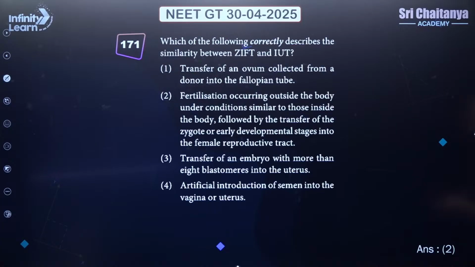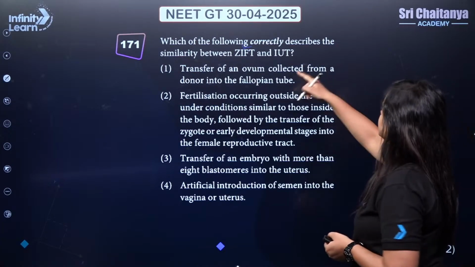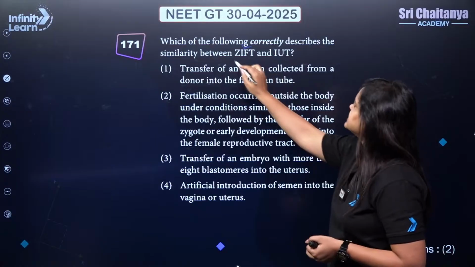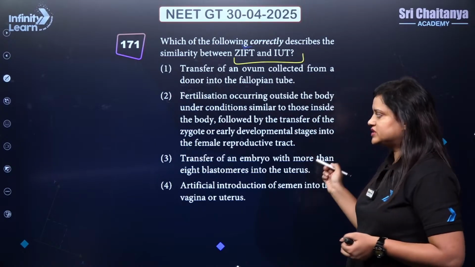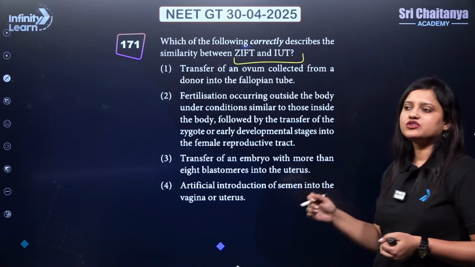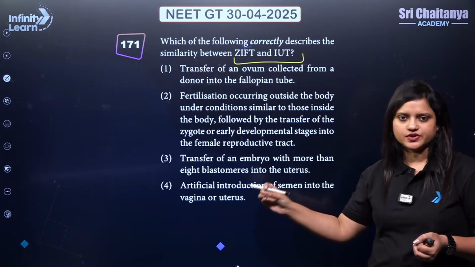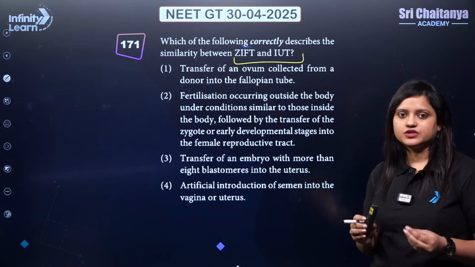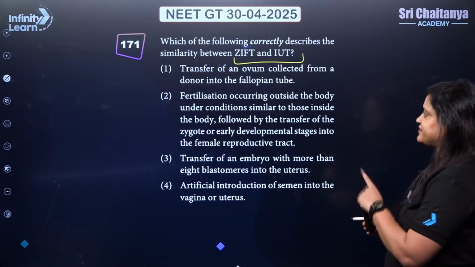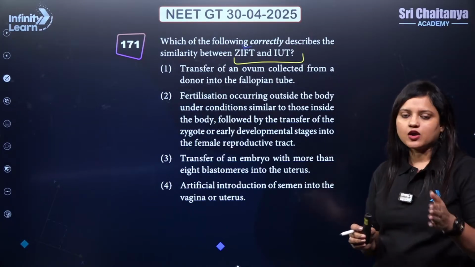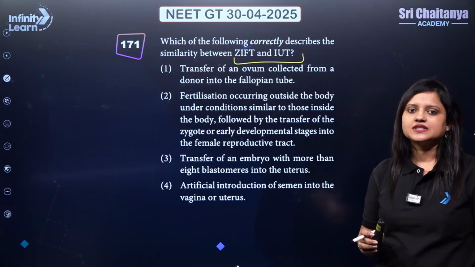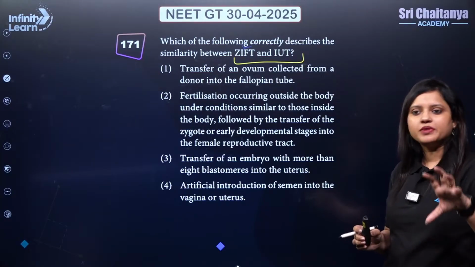Right? Next. Which of the following correctly describes the similarity between ZIFT and IUT? So ZIFT is zygote intrafallopian transfer and IUT is intrauterine transfer. The major difference between it will be that in ZIFT, the embryo or the zygote less than 8 blastomere stage will be introduced into the fallopian tube.